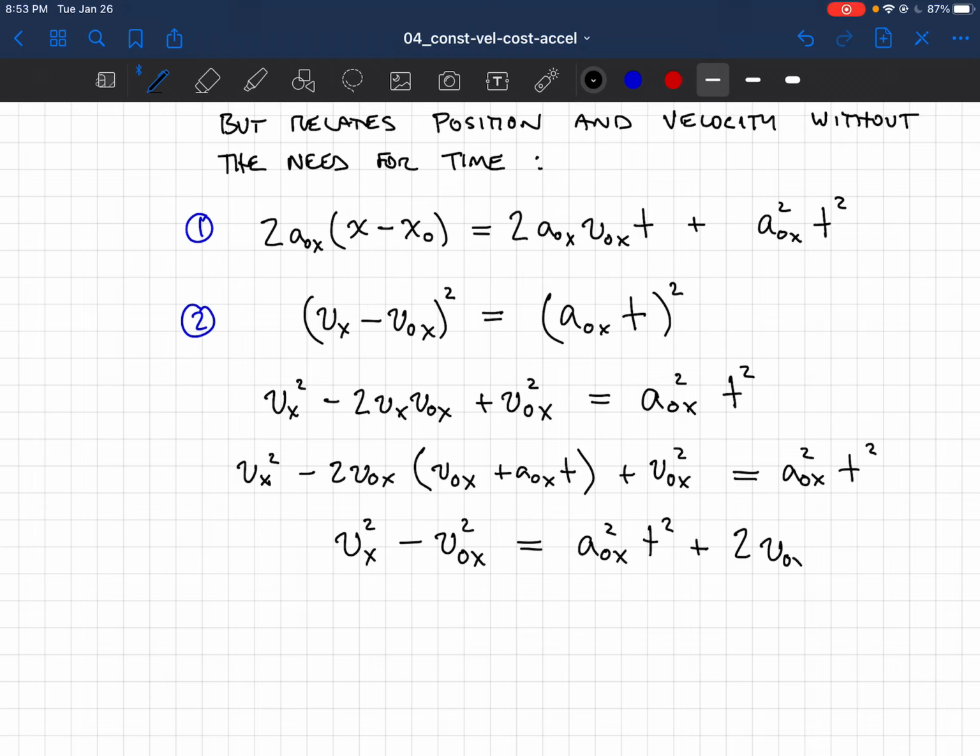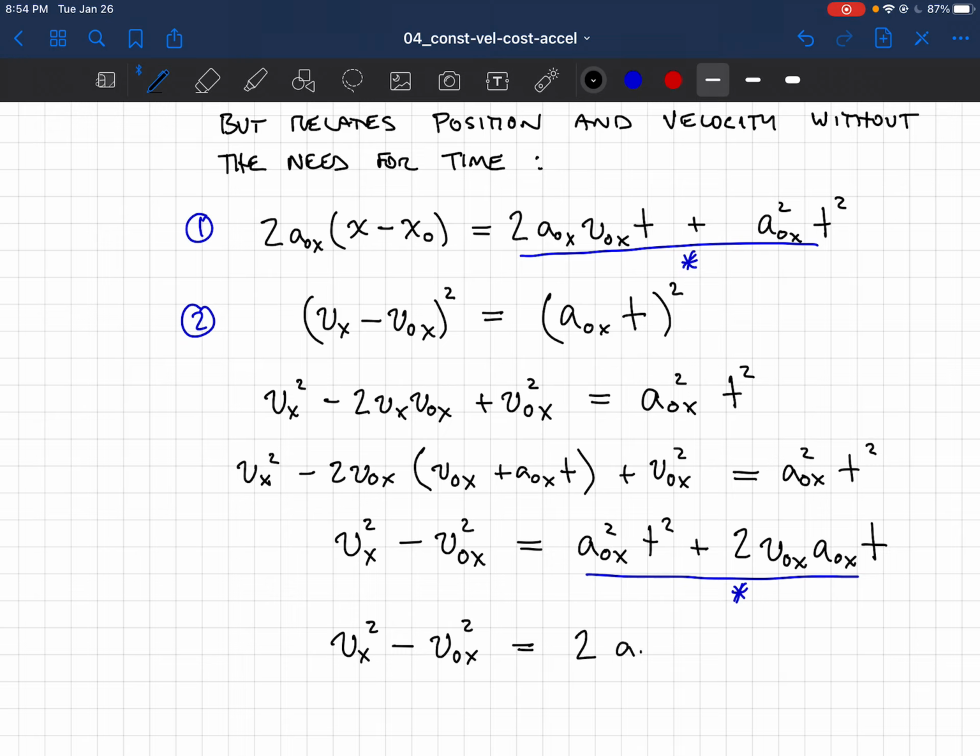So I have 2 v0x a0x t here. But this whole thing is just equal to this whole thing up here. So that means I can write vx squared minus v0x squared is equal to 2 a0x times (x minus x0).